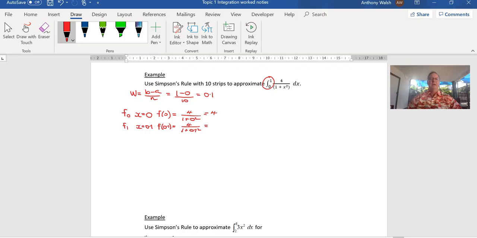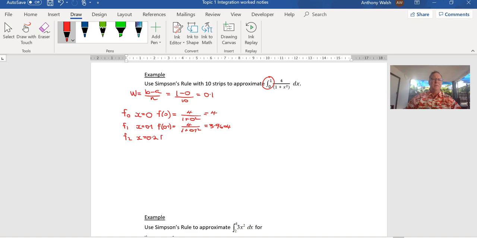Now if you put that in your calculator, you get 3.9604. And even by this stage, my eyes are starting to glaze over, because that means I'm then going to have to go to the next one, which would be f2, and put in a value of x. So I've got 0.1 and another 0.1, that would be 0.2.